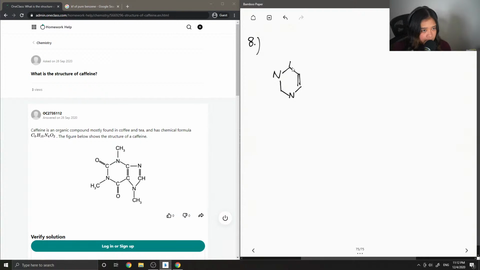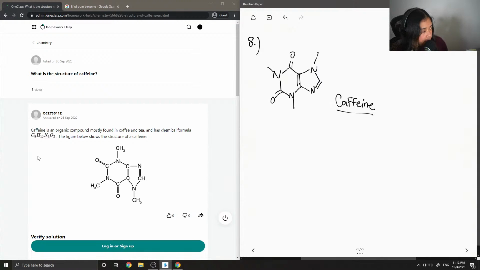So here's a six-membered one first. Okay. So this is the following structure for caffeine.